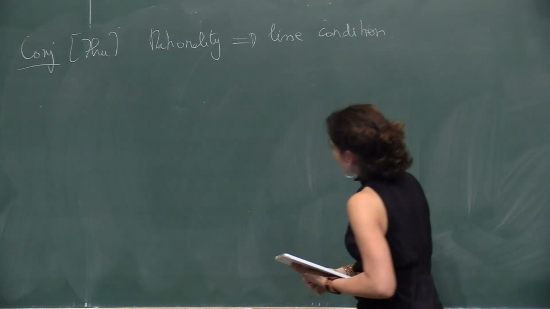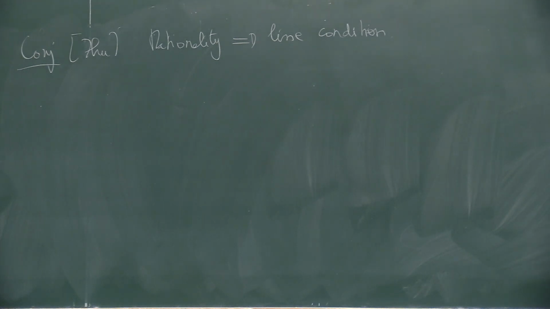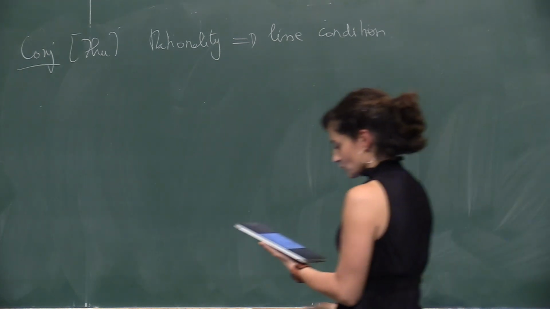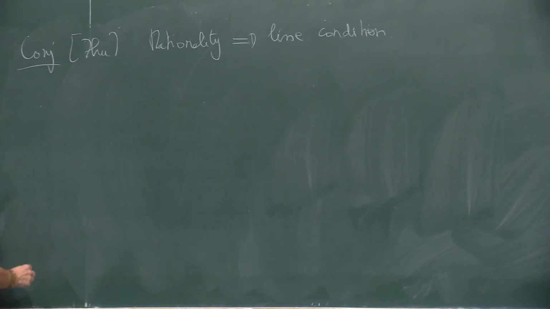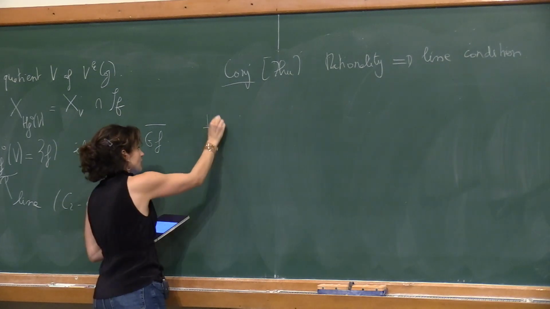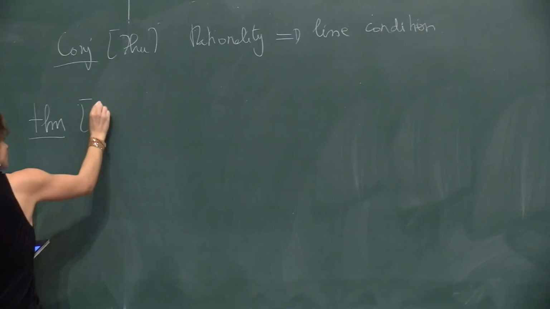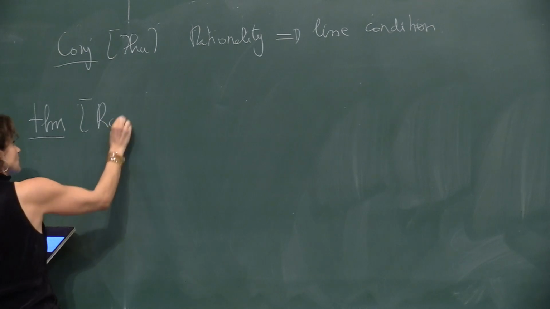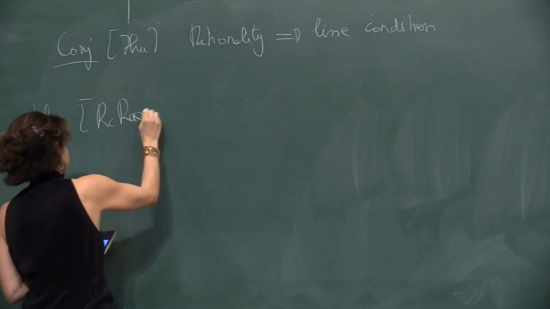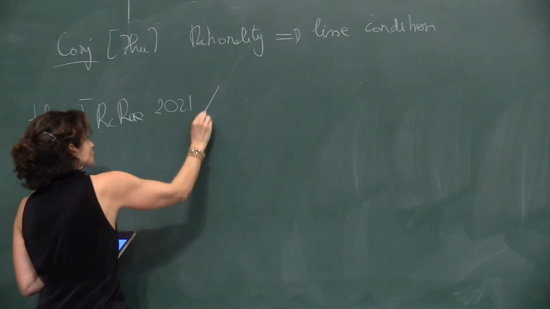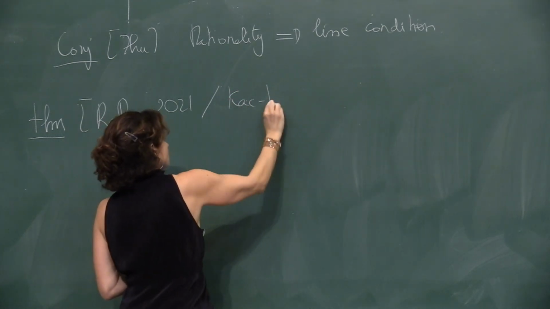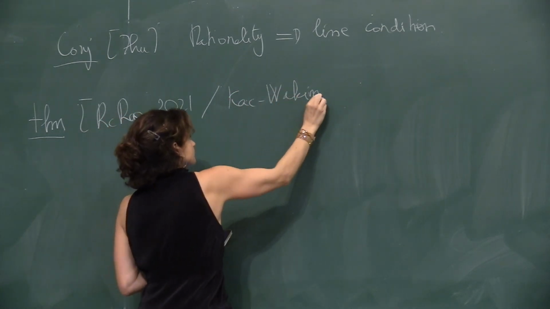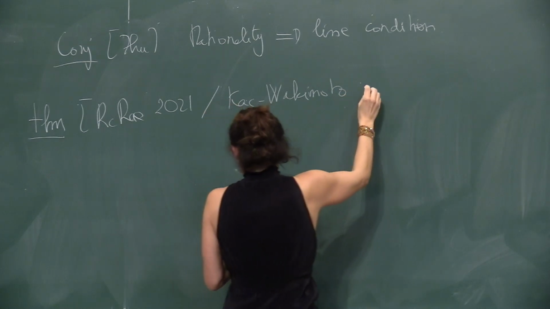So of course, if you search for rational W-algebras, you first concentrate on lisse W-algebras. And in the setting of W-algebras, we have the following conjecture, which is now a theorem, which was recently proved by McRae in full generality, and conjectured for a long time by Kac and Wakimoto.